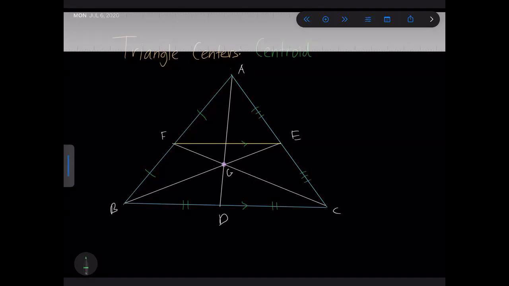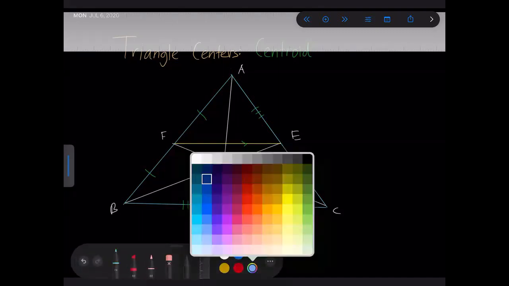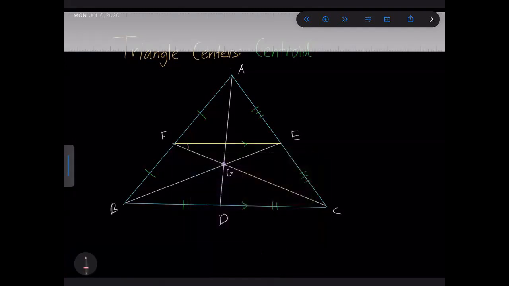Now that we know this, we know that angle EFG, let's use light red or orange, is congruent to this angle. This angle is congruent to this angle. Therefore, triangle EFG and triangle BCG are similar because they share all the angles.